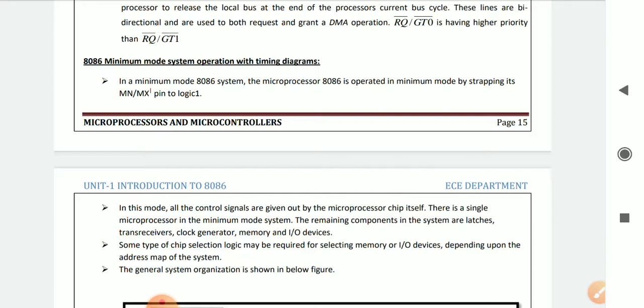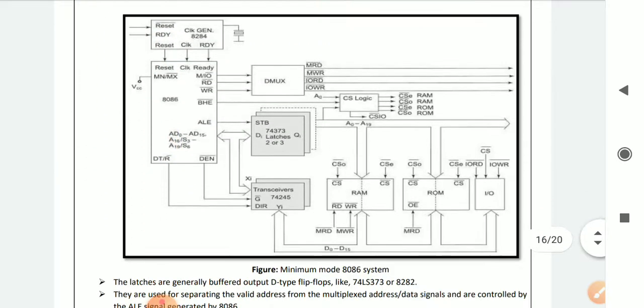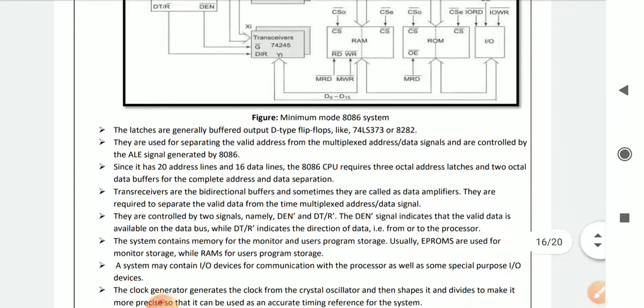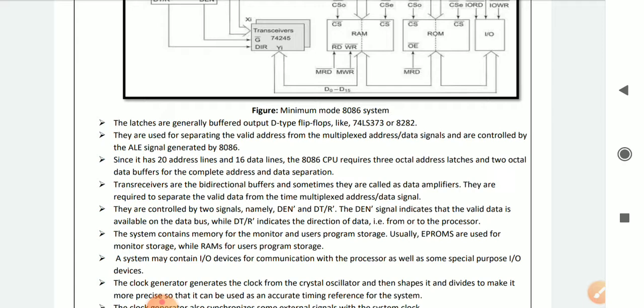General system organization, this is the diagram for the minimum mode 8086 system. If you can remember it, it is very good, or you may also skip it. If it is not asked to draw the diagram of the minimum mode operation, you may skip it. Okay, so the latches are generally buffered output D type flip flops.